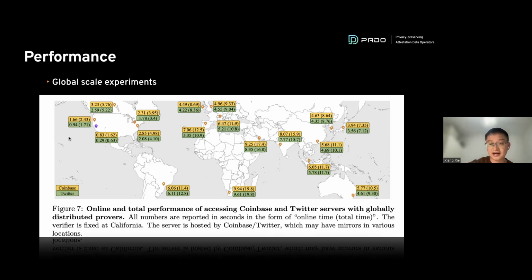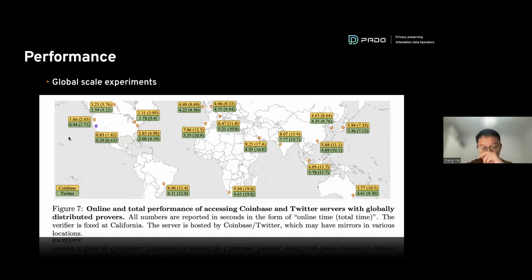So it's very important that we reduce the online time. In our experiment, we show that even in the worst case, we only need about 10 seconds to complete the whole 3PC handshake, and usually the timeout is about 15 seconds. We can also move the verifier closer to the prover to make the time much smaller.